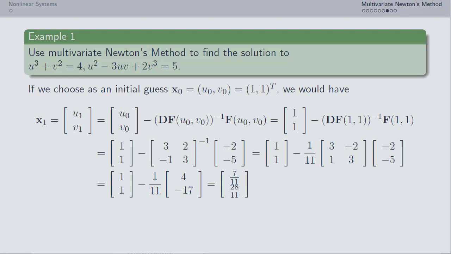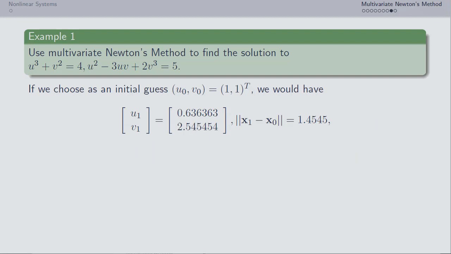And so that's our first iteration, right? We would look at the norm of the difference between x1 and x0. That's 1.4545, which is the infinity norm, and it's going to be bigger than our tolerance. Here I've converted that to a decimal representation. If I keep on going and plug u1 and v1 into the formula to get u2 and v2, my norm comes down to 0.5951.